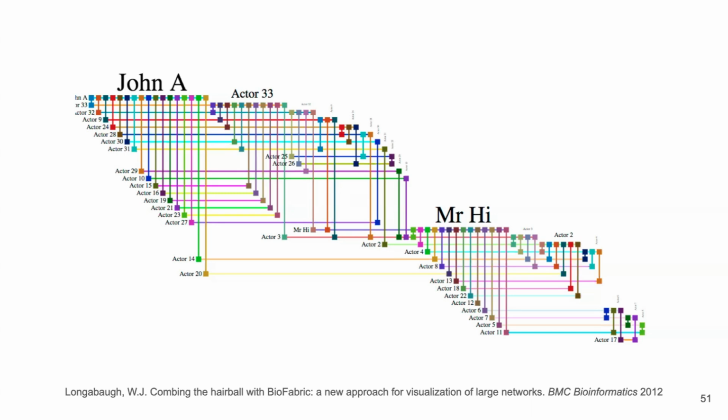At the time, perhaps the idea of multiple methods to sort nodes and edges in BioFabric wasn't that much explored. Right now, we're going back to it and trying to see what we can do with it.